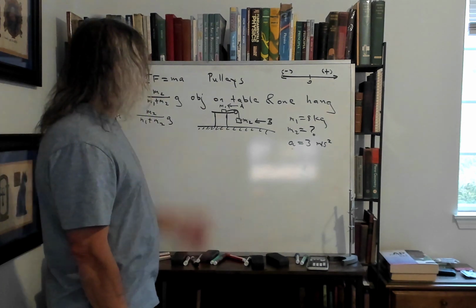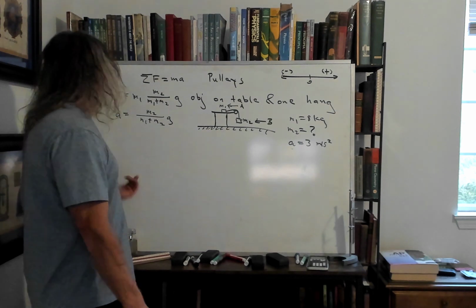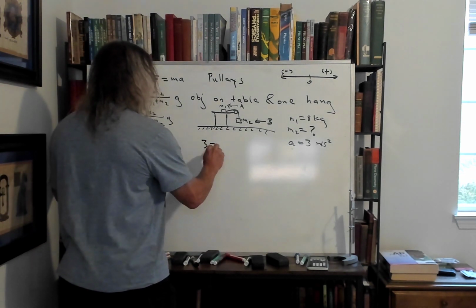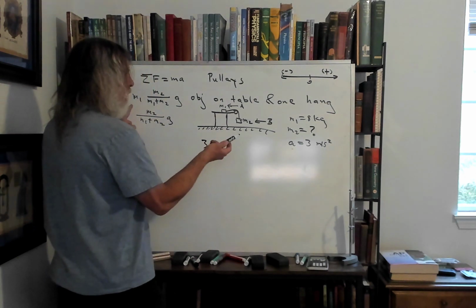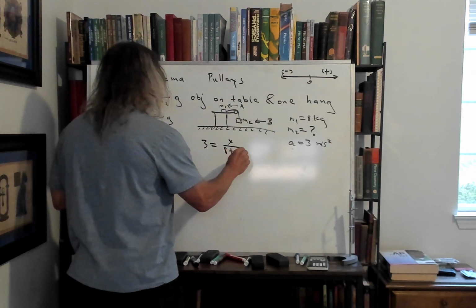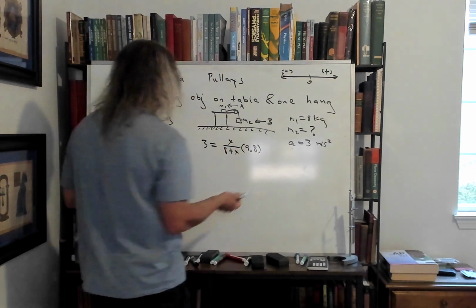So we got the situation. We use our formula, and so 3 equals x over 8 plus x times 9.8. Okay.